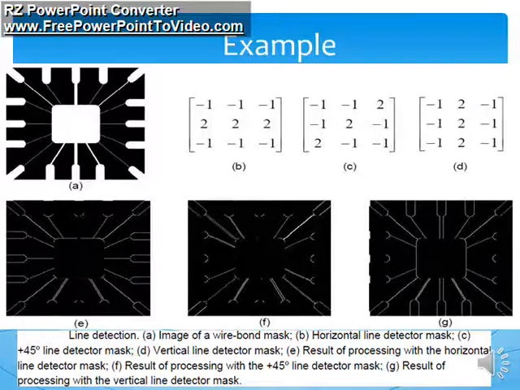From the corresponding F figure we can easily find the result of processing with the plus 45 line detector mask. And from the G image, the result of processing with the vertical line detector mask is given.